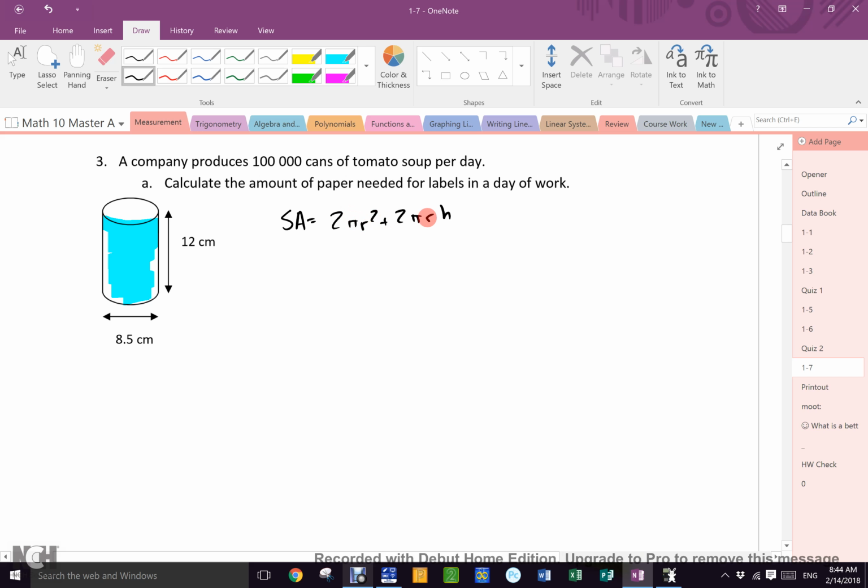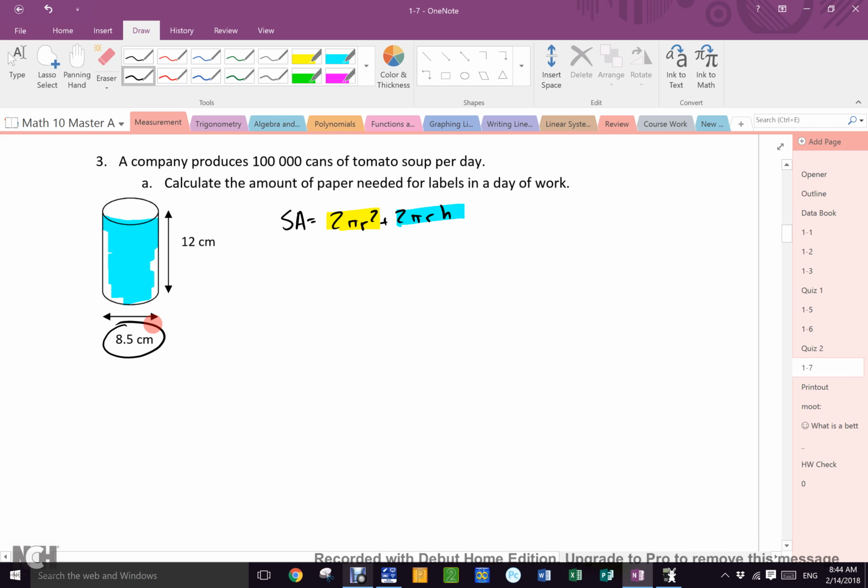So, what part of the cylinder does that cover? The top and bottom. Do I need to care about the top and bottom? No. All I need to do is that one. Now, as Aidan says, 2 r's is the same as a diameter, isn't it?